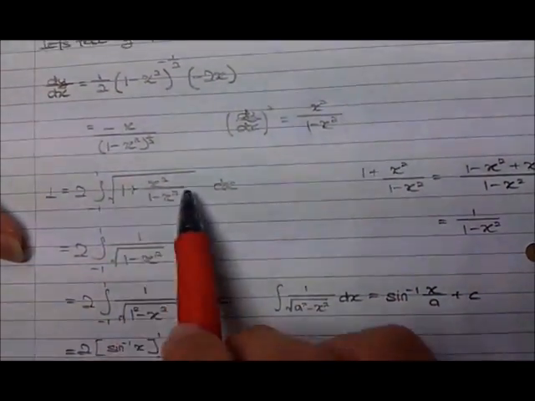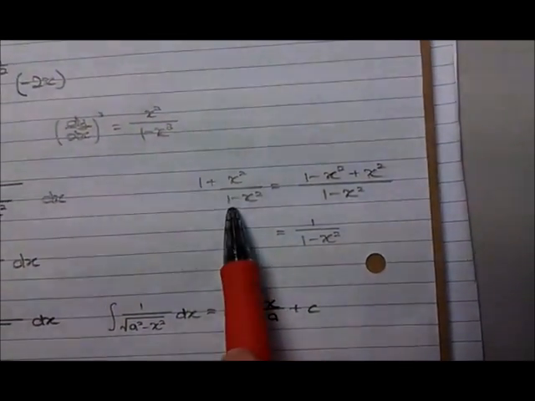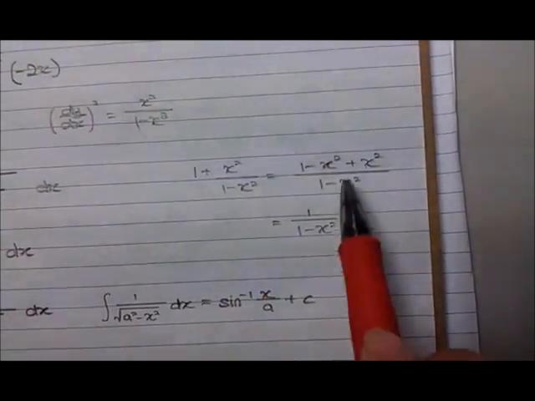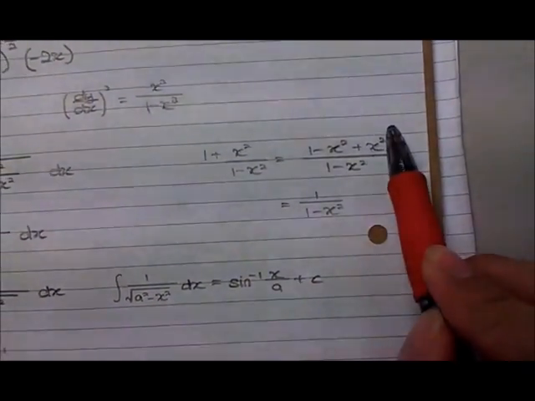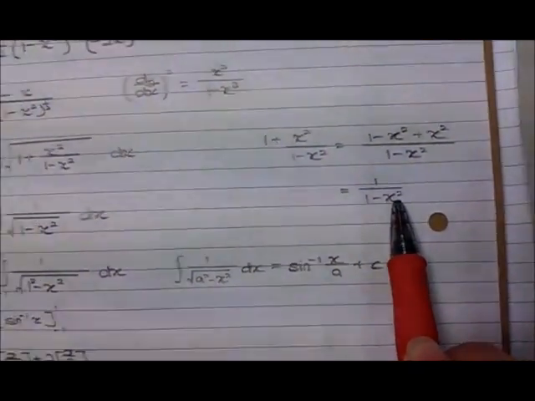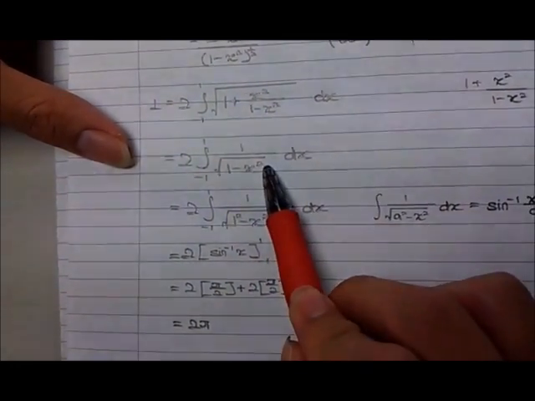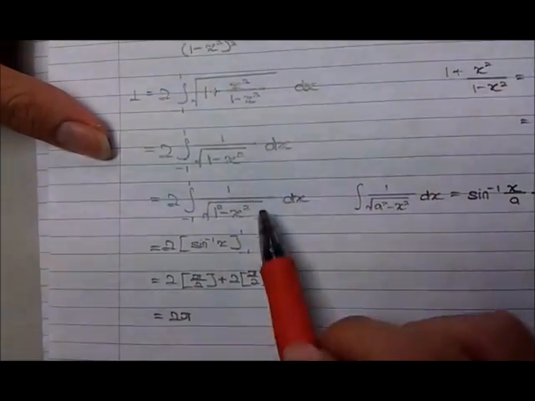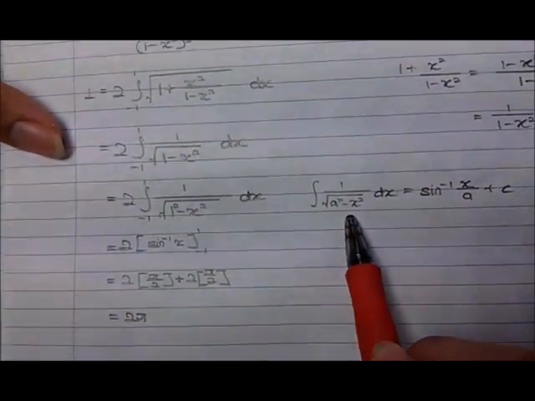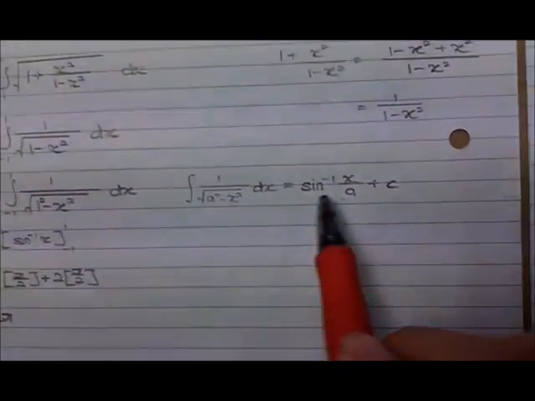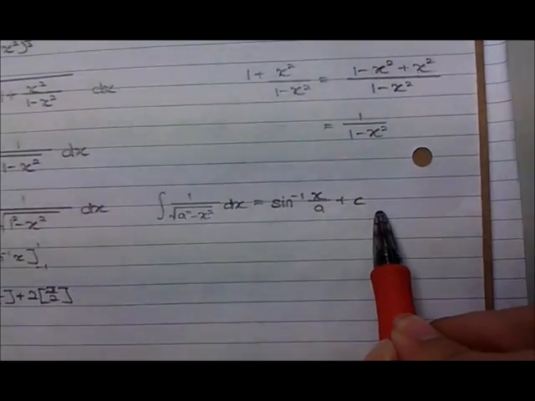Combine the upper part and the lower part. To simplify, 1 plus x squared over 1 minus x squared, you combine them together, then the x squared terms cancel out, and you get this. This is pretty much the same as the standard integral, which equals arcsine of x over a, plus c.